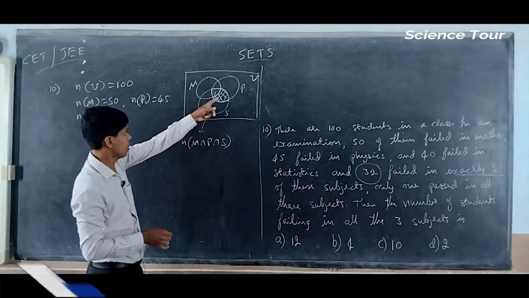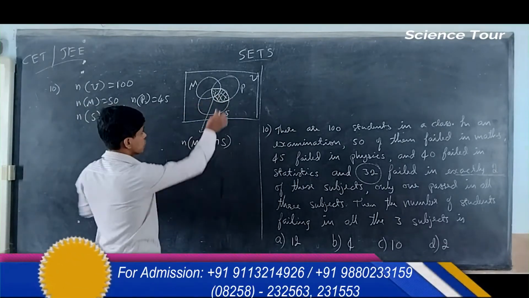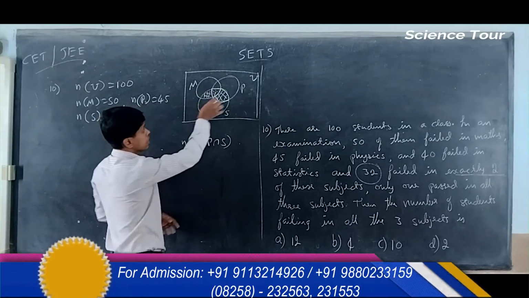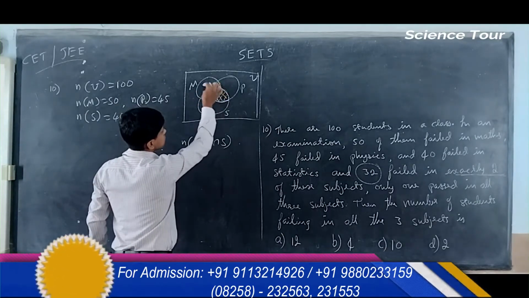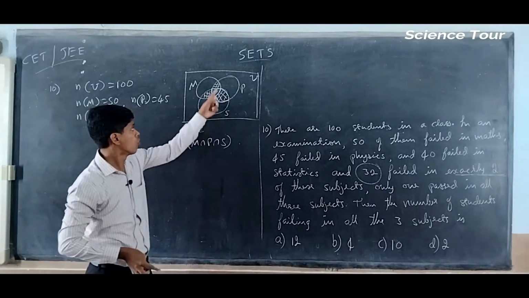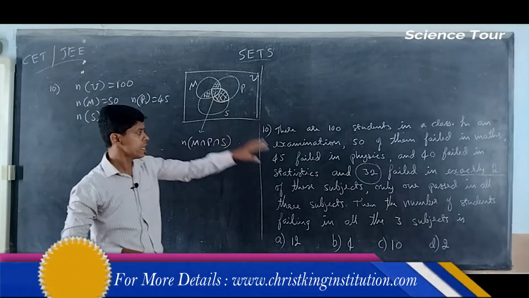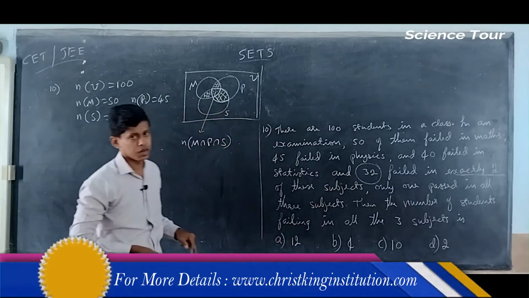Now exactly 2 is not only this. This is also exactly 2, that means maths and stat. This is also exactly 2, that means maths and physics. So when you add these 3 things, you get 32. That's the meaning of that sentence.